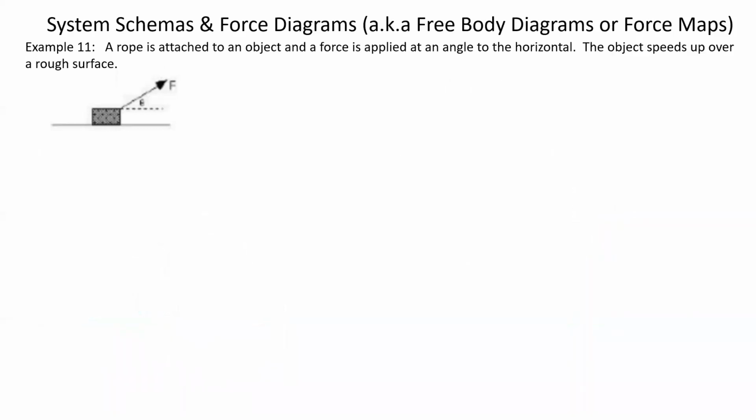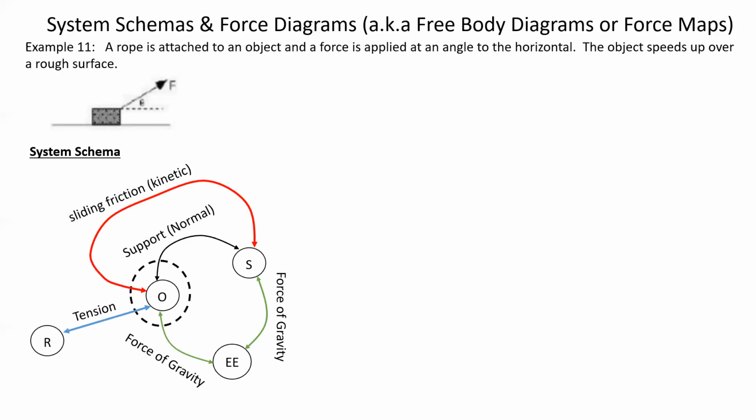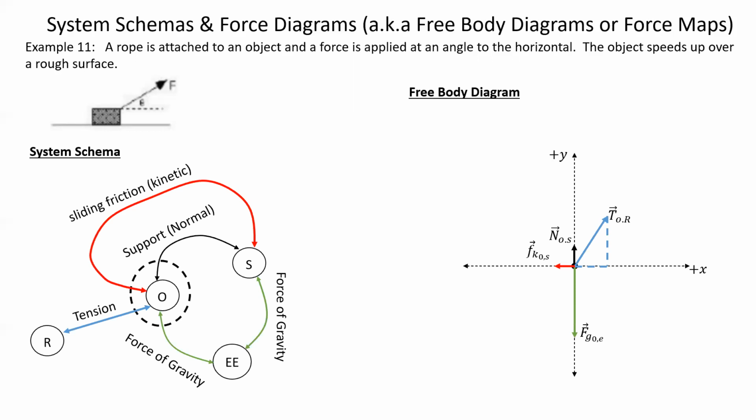A rope is attached to an object and a force is applied at an angle to the horizontal. The object speeds up over a rough surface. So this is what the system schema would look like. And the force diagram would look kind of like this. If you look at this carefully, this is not balanced. The gravitational force does balance out the sum of the normal and the y component of the tension.